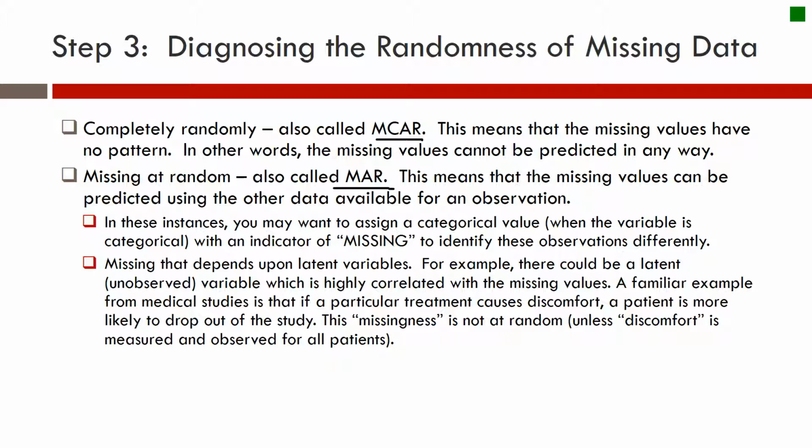So here's an example where in a medical study, for a particular treatment, if the treatment causes discomfort, then you may have patients drop out because of the discomfort that's caused. So the discomfort is, in effect, control for the missing data that is being observed. So that comfort level, that data, could actually be used as sort of a control feature that would help us be able to predict the missing data within the data set.